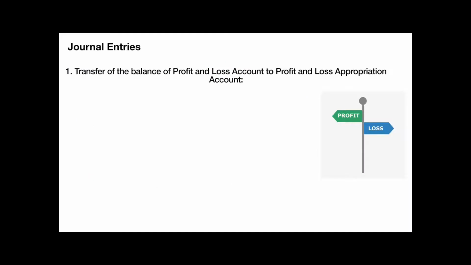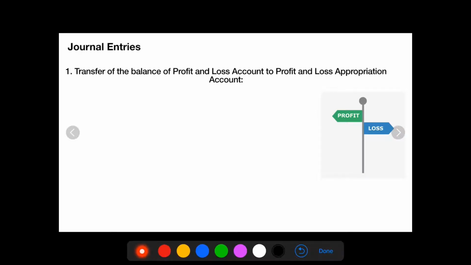Journal entries. So, these journal entries are with regard to the preparation of profit and loss appropriation account. In your first PUC again, you have learned about how to prepare profit and loss account. So, under profit and loss account, you will either arrive at profit or loss.